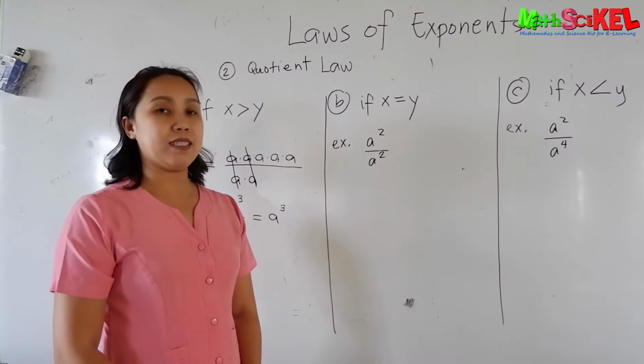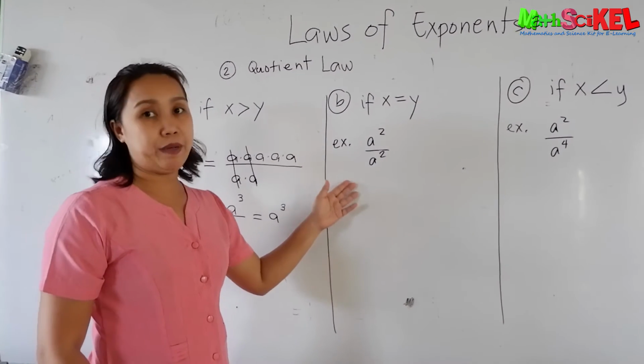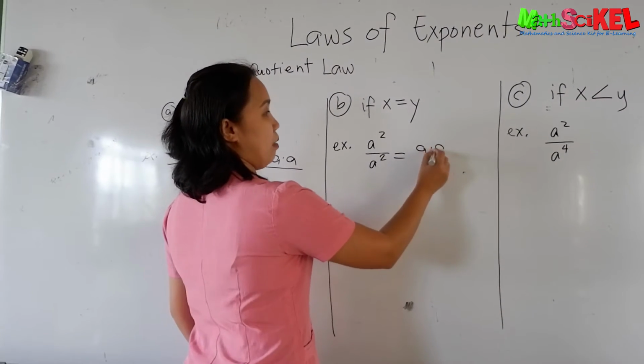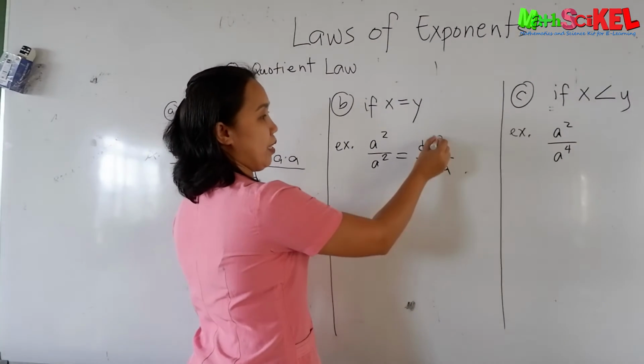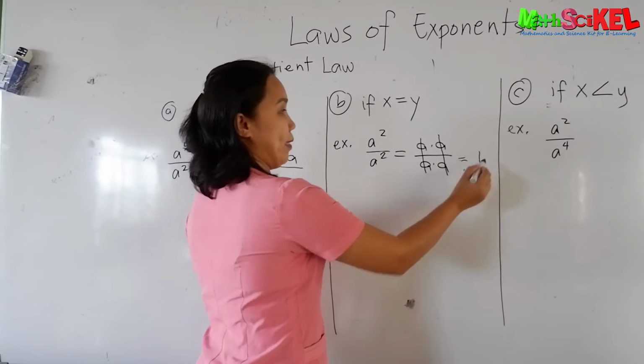Now, let's take a look at the second condition. If the values of x and y are the same, suppose we have a squared divided by a squared, or we write it as a times a over a times a. Again, using cancellation, this will become 1.